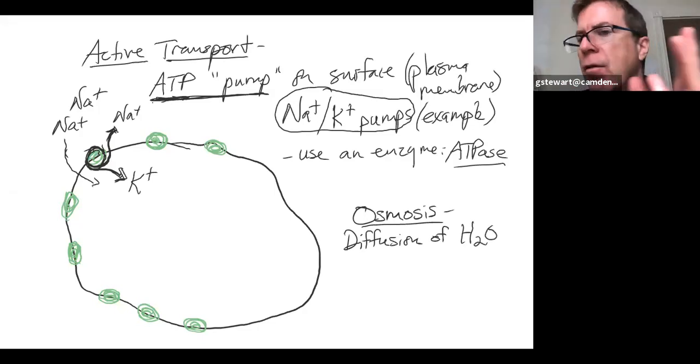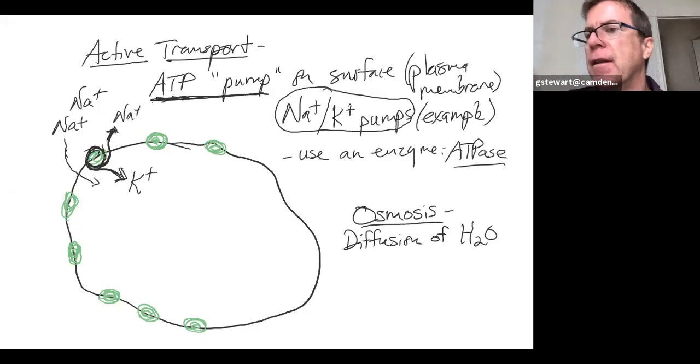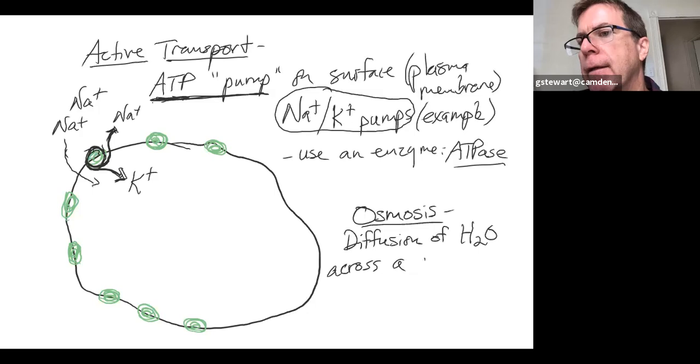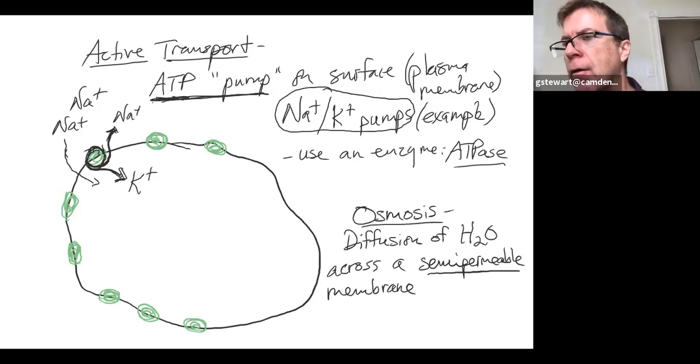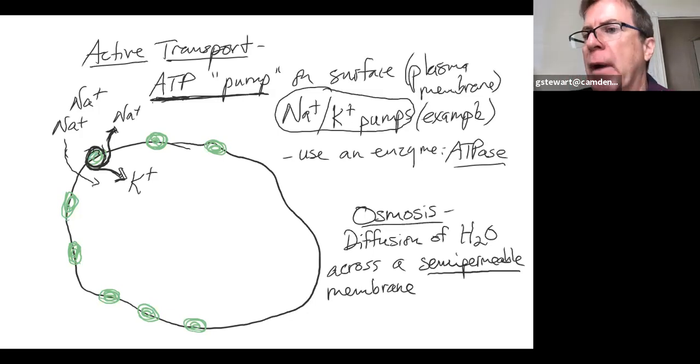It can be any water-based solvent or liquid, but diffusion of water across a semi-permeable membrane. The plasma membranes on our cells are semi-permeable. That means they allow some things to get in or get through and other things not to. That's because of that phospholipid bilayer.